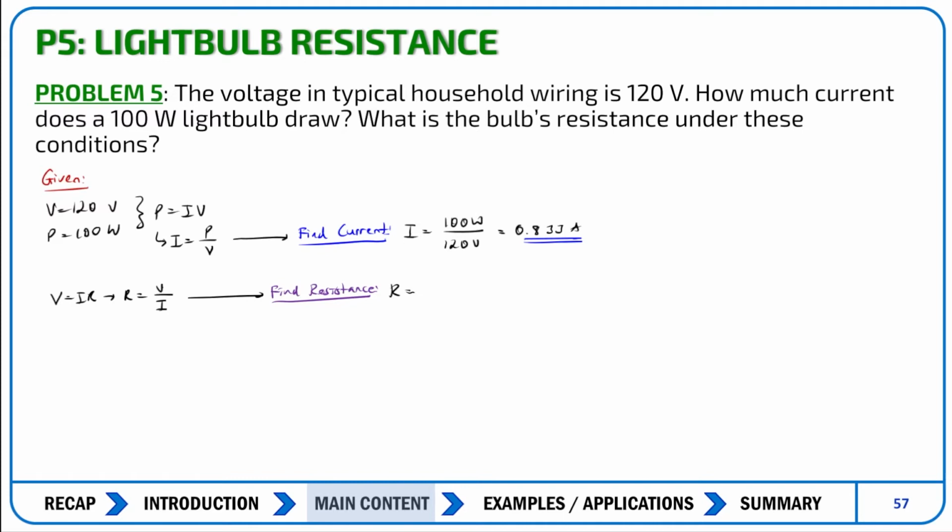So R is equal to V over I, which is equal to 120 volts over 0.833 amps, and that gives me 144 ohms. So keep in mind, always write down what you're given first and then find the most suitable equation to solve.